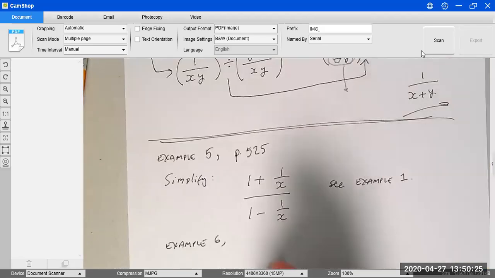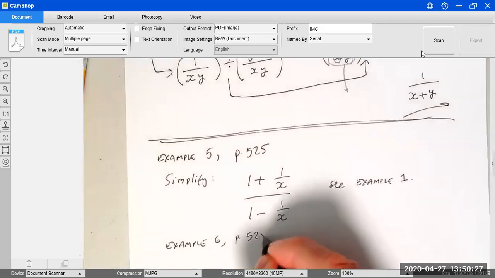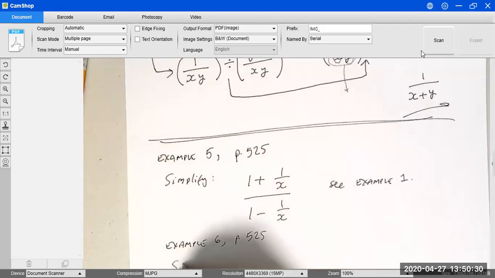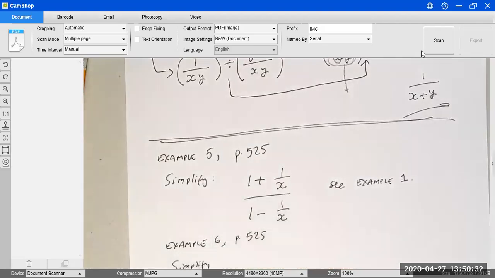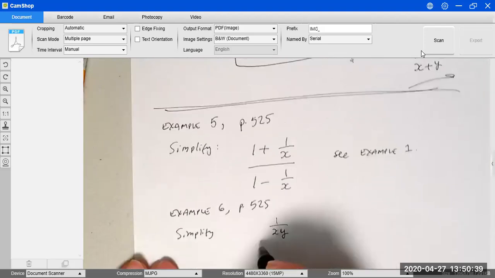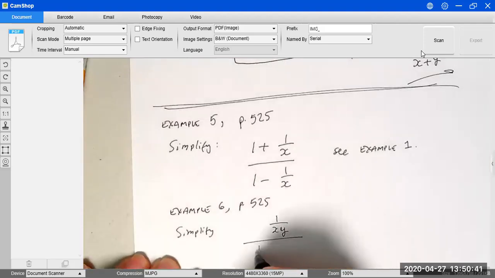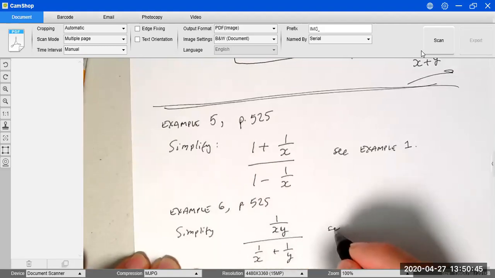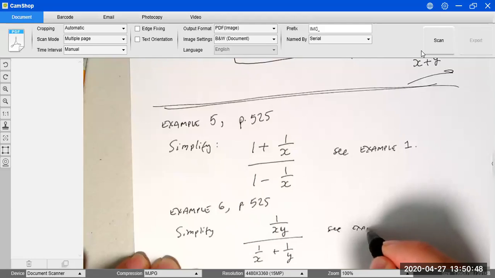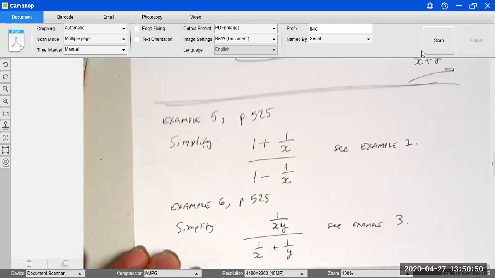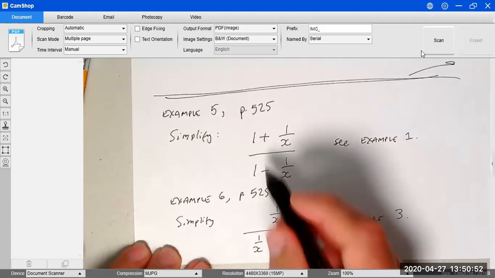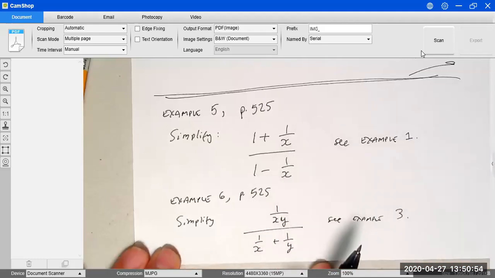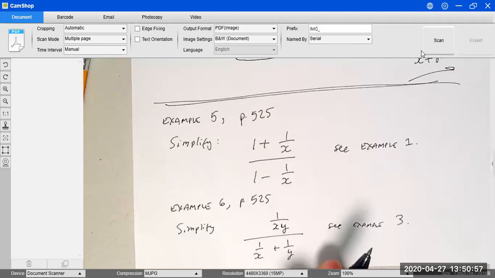I was expecting a short lecture today, but now it's even shorter because example 6 is 1 over xy over 1 over x plus 1 over y. So you're going to see example 3, because in these 2 cases they're using the least common denominator method that we already used previously.